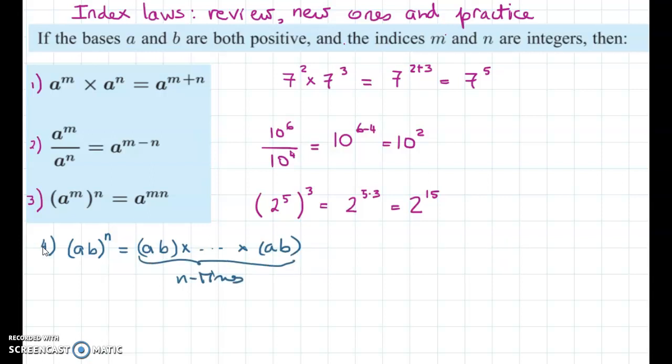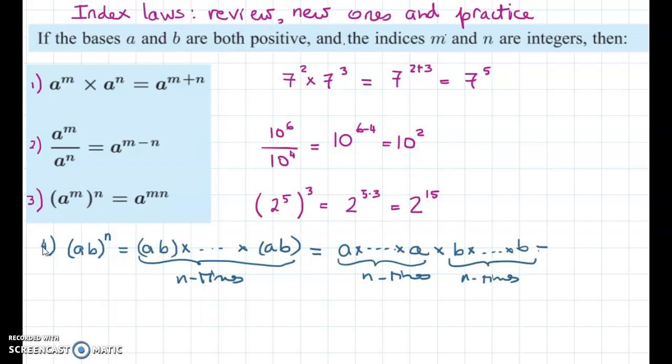Since we are multiplying the numbers, the order I do it doesn't matter, so we are allowed to write first all the a's that we are multiplying, so they are in total n of them, and then all the copies of b that we have, and we are multiplying, so they are also n copies of them. So in other words, we can write this as a to the power of n times b to the power of n.